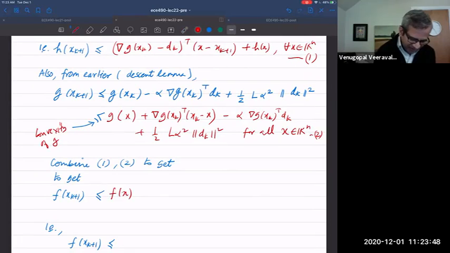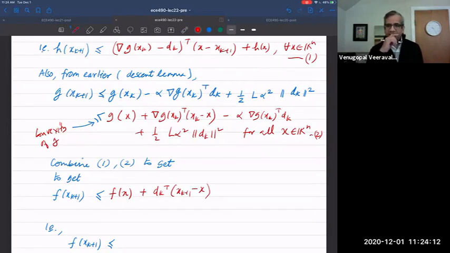And then I have dk transpose, this term here: dk transpose x minus xk plus 1 with a negative sign. So I'll write that as plus dk transpose xk plus 1 minus x.